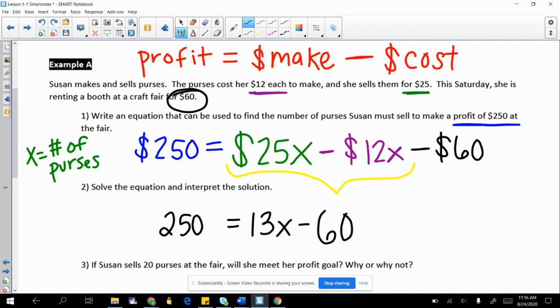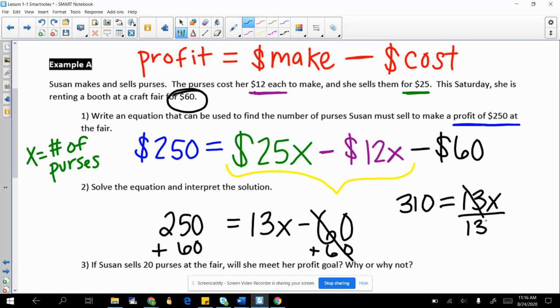From here, we're going to have to add this 60 over. So that's going to cancel, and we're going to be left with 310 equals 13x. And then our last step here is going to be divide by 13, because we always do the opposite operation.